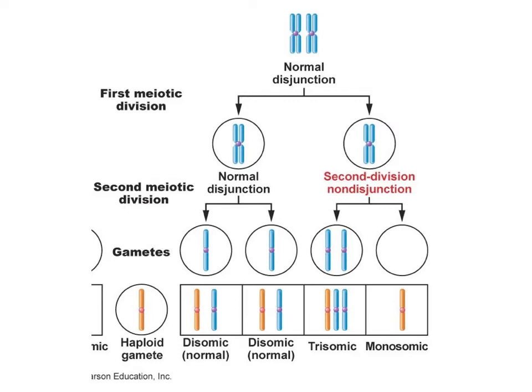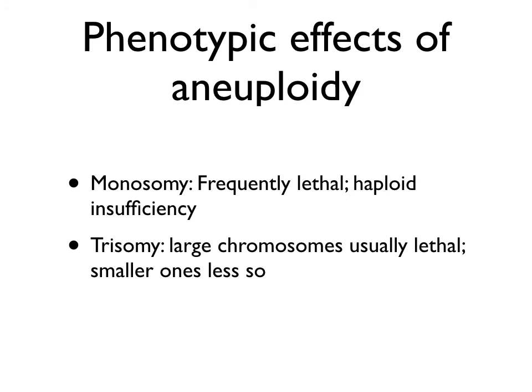You'll see that the two gametes that are formed on the far left through normal disjunction will produce disomic normal offspring, right? But of the two gametes on the right, the one on the left will produce trisomic offspring, the one on the right, monosomic offspring. So you can see here that non-disjunction can act in both meiosis 1 and meiosis 2 and result in aneuploid offspring. So what are the effects of aneuploidy?